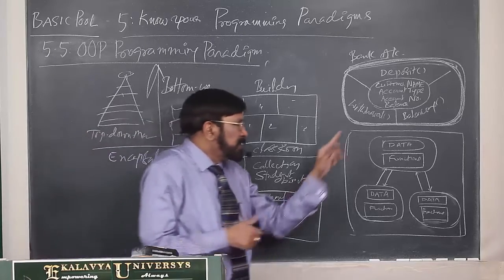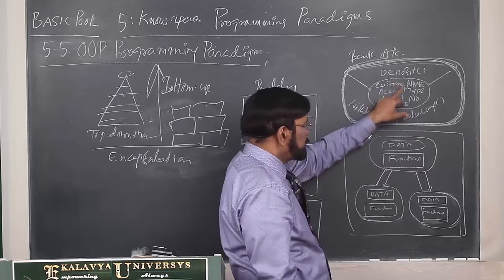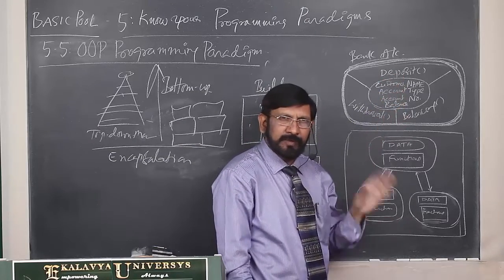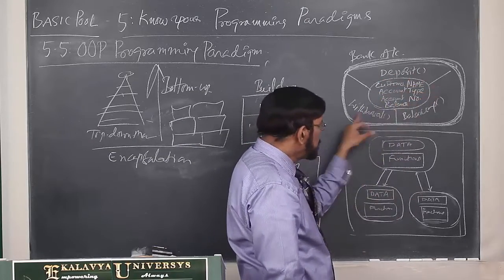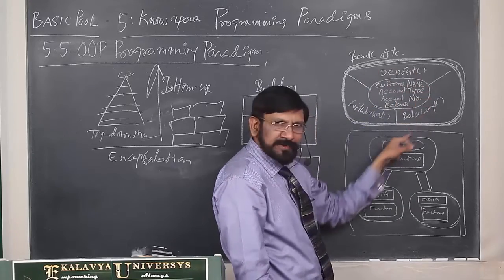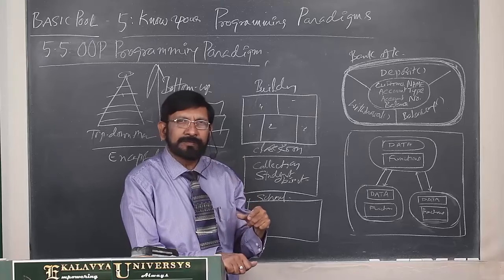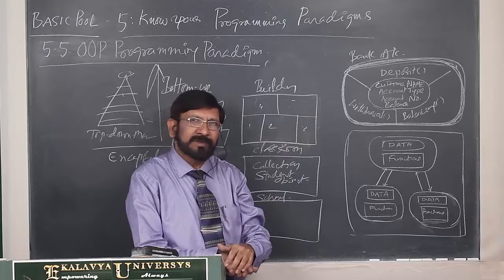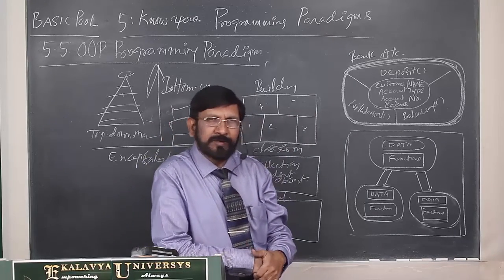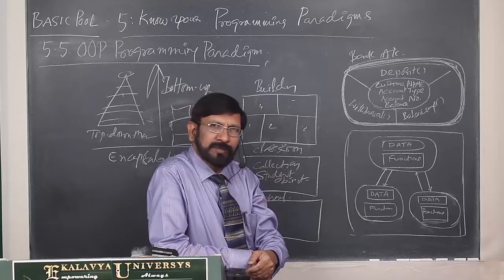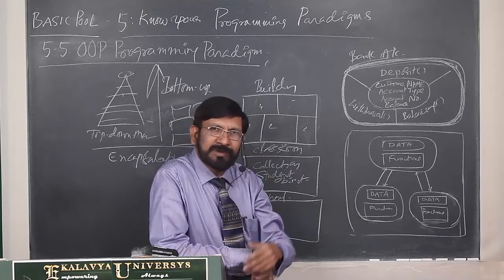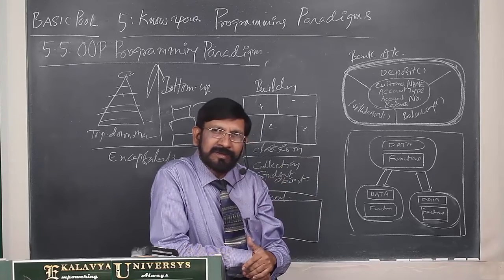In the same manner, the data items are encapsulated. Nobody can access them. The functions are providing the interfaces. Through that one can interface. Suppose you have your friend's account. You want to deposit an amount, but you cannot see how much balance he has.